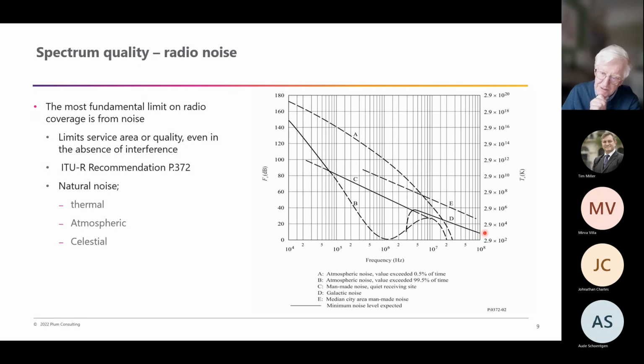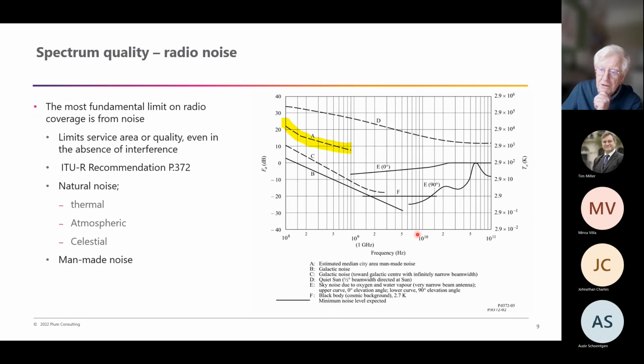But probably the most significant effect of all is that of man-made noise, which is highlighted on this curve here. And for most of the frequencies we're concerned with, man-made noise will be the dominant noise source. If we look at the next graph, these graphs, by the way, are taken from an ITU-R recommendation, P.372, which goes into a lot of detail about understanding and measuring and allowing for radio noise.